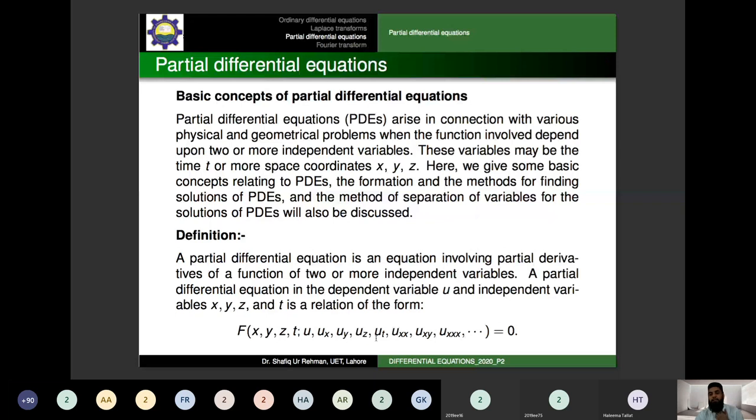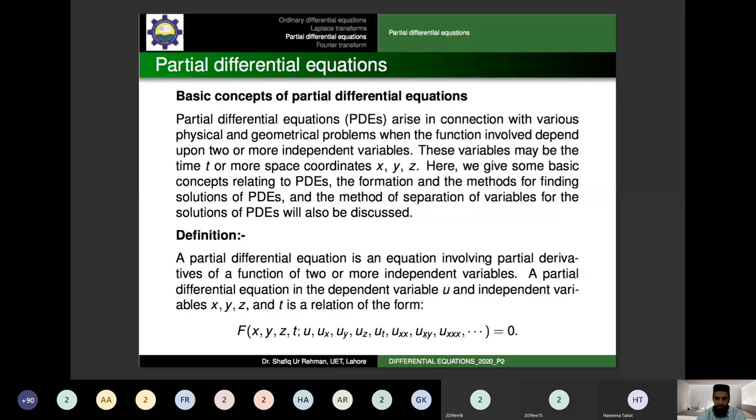I mean, these are the symbolic representations, subscript notation, and we already have gone through with that idea. When we talk about partial differentiation, when we talk about the derivative of dependent variable with respect to more than one independent variable, sometimes it is more viable to have this subscript notation.